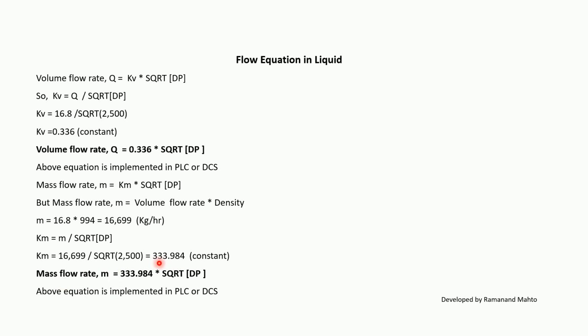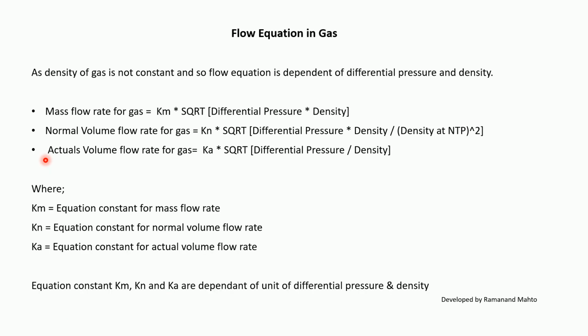So mass flow rate M is equal to 333.984 into square root of dP. This equation is implemented in PLC or DCS. So this is the mass flow rate equation, and that was the volume flow rate for the liquid case.